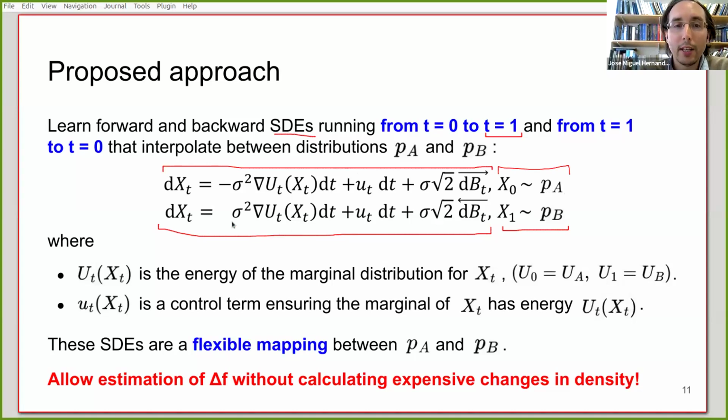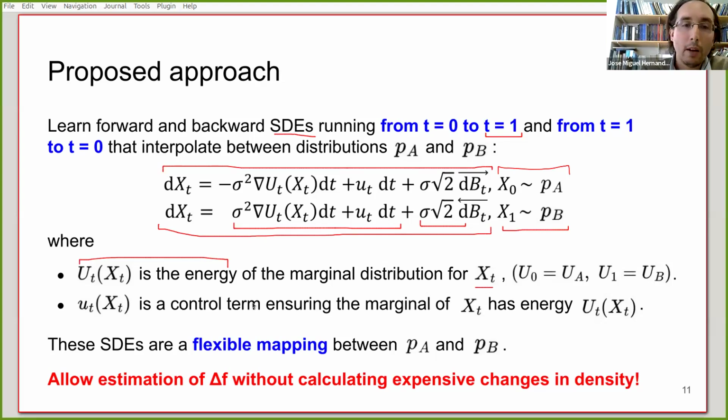And these SDEs have some drift coefficients here, and then some diffusion coefficients here. And the drift coefficient has a gradient of this function u, which is actually the energy of the marginal distribution for the samples generated by the pair of SDEs.